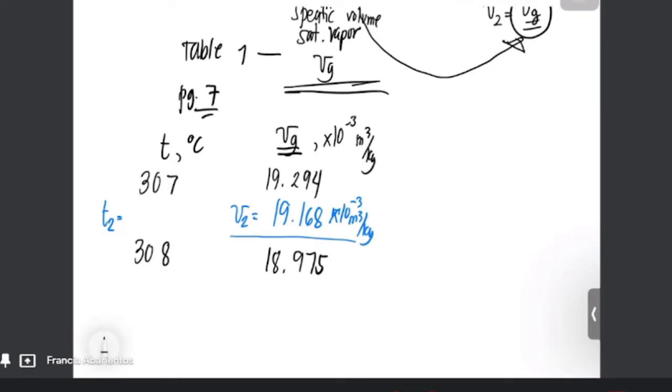So, kukunin natin, class, is yung internal energy at saturated vapor, UG, in kilojoule per kilogram. We have also the HG, kasi sinabi until it becomes saturated, in kilojoule per kilogram. And the entropy at saturated vapor, kilojoule per kilogram Kelvin.